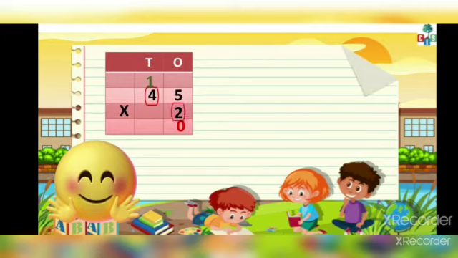First, you will multiply it. So, let's say the 2 table. 1 twos are 2, 2 twos are 4, 3 twos are 6, 4 twos are 8. So 4 twos are 8, right? Now 8 plus 1. Now you will add it.